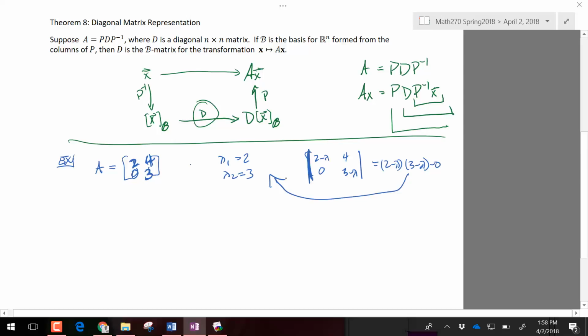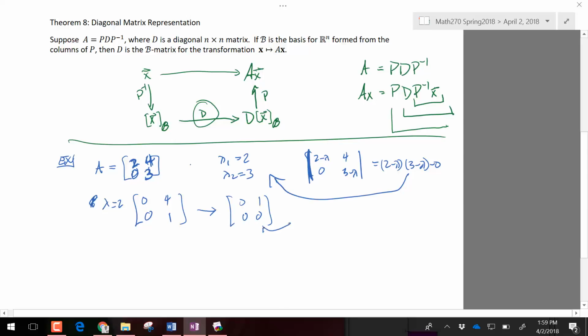So now let's figure out the eigenvectors. For lambda equal to 2, we put 2 in for lambda. Oh, this is just 1. So what's the free variable here? So 0, 1, 0, 0.